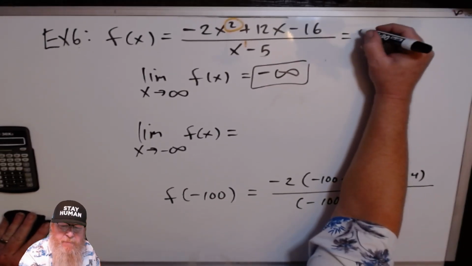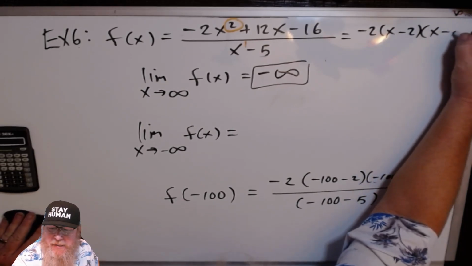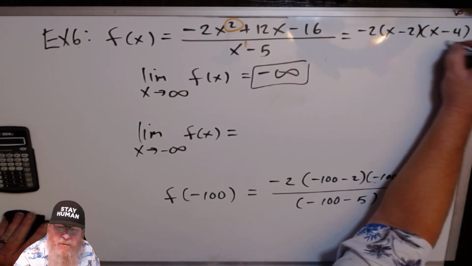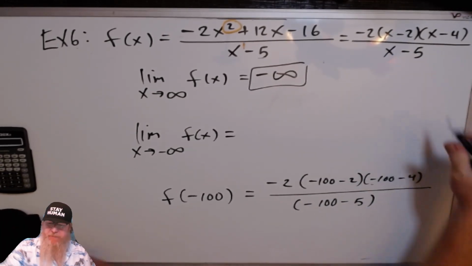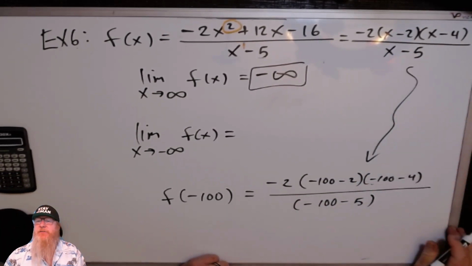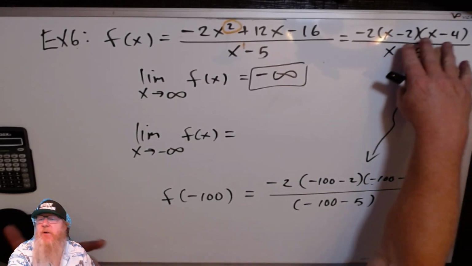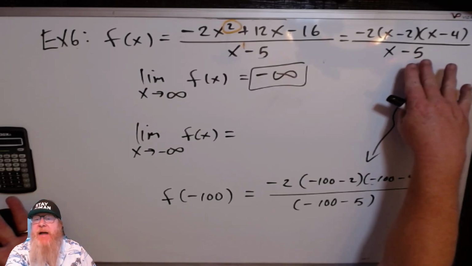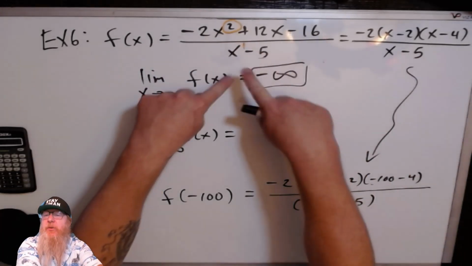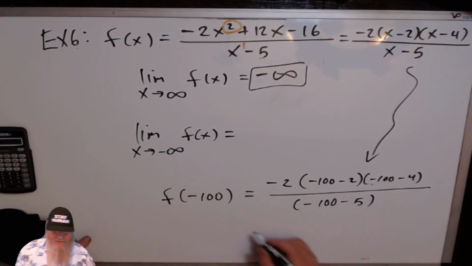I just want to remind myself that it was x minus 2, x minus 4, was it 4? Yeah, and x minus 5. Just reminding myself of what the factors are. If you're not good at factoring, or if you don't want to spend the extra time factoring it, you can actually do this problem without factoring. You would just have to use the original version of the problem to do this. I just find it easier to use this version.